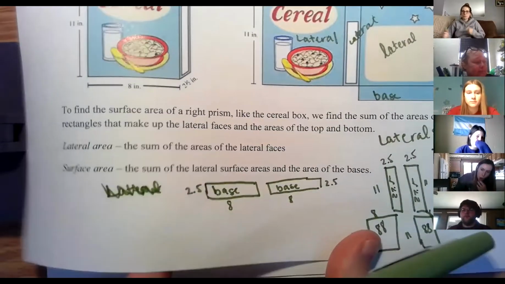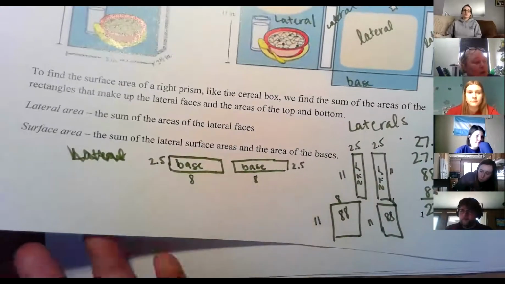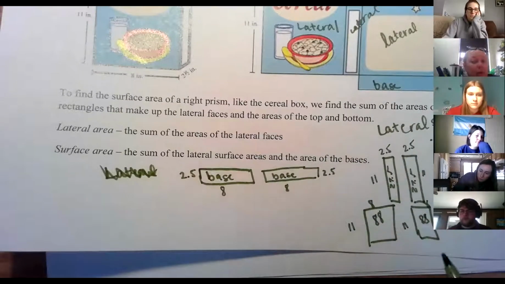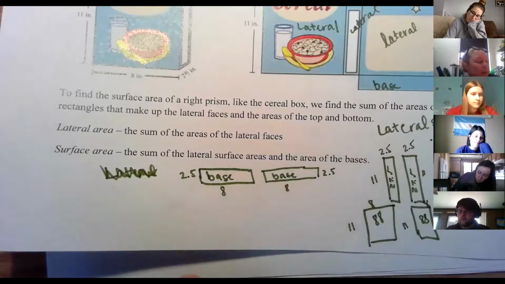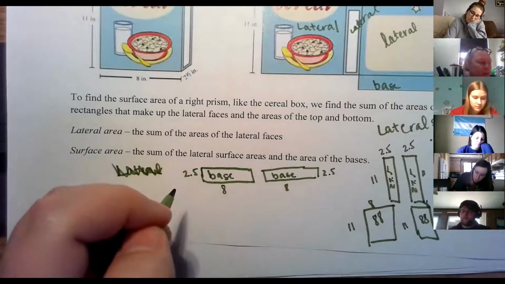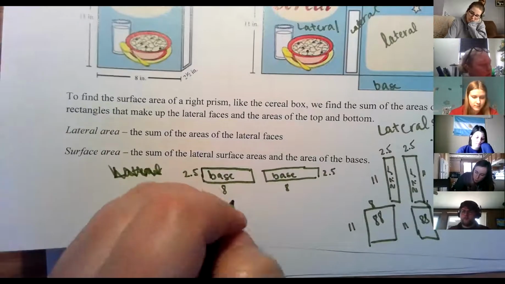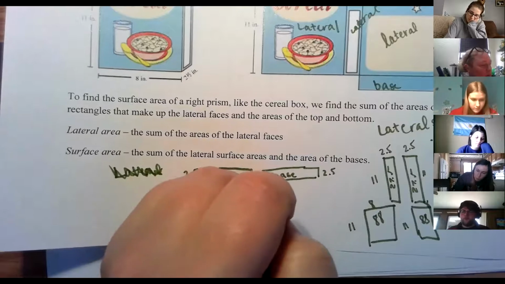Right? I agree. So then the total would be what I got for my lateral surface plus what I would have for my bases. So 2.5 times 8 should be 20. Yeah. And then, so 40.